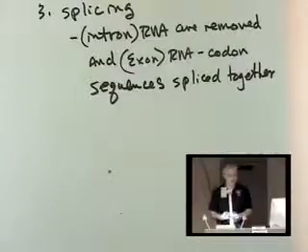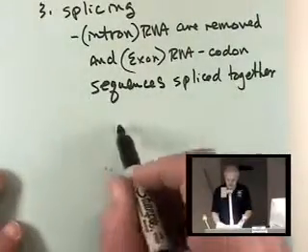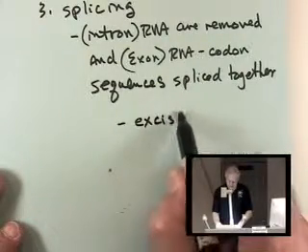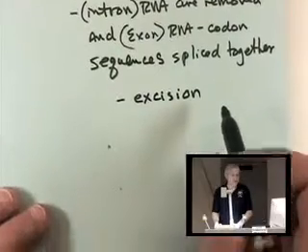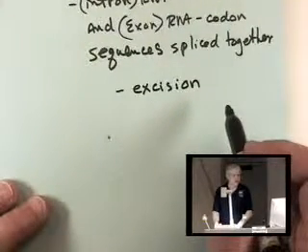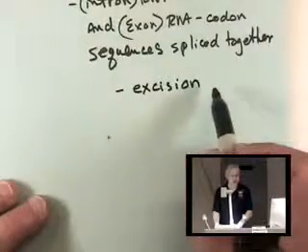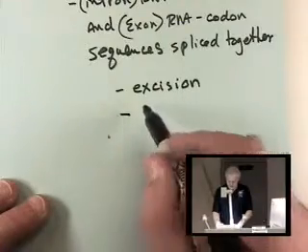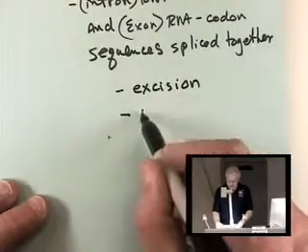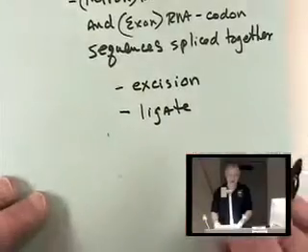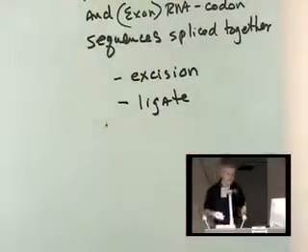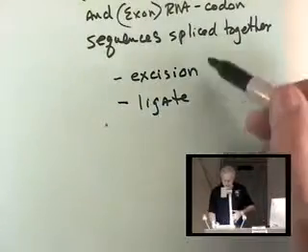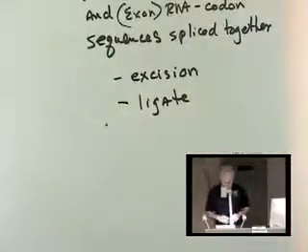So for splicing, there are two parts. You have to have an excision, cutting, right? If you have a piece of rope and you need to take a piece of it out along its length, you take some scissors and cut it at two points where intron joins exon. Then you have to ligate, or get it stuck back together, glue it or tie the two rope ends together after you've cut out the segment, right? So these two parts, you have to get the excision and the ligation.